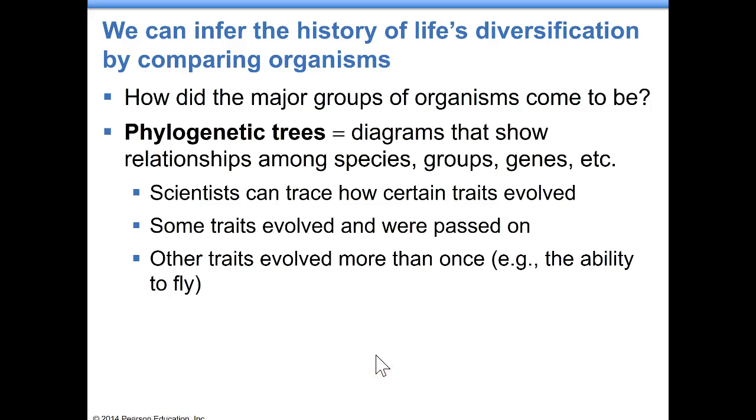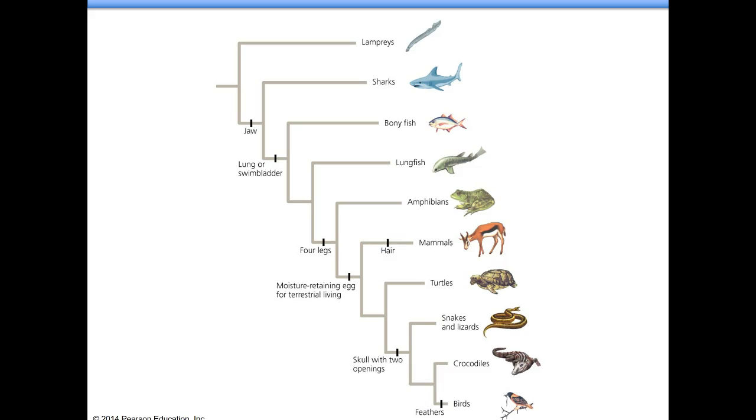So we can infer the history of life's diversification by comparing the organisms. One of the ways that we can do this is looking at something called phylogenetic trees, and we're going to see a picture of that. Well, let's go to the next screen so that we can see this.